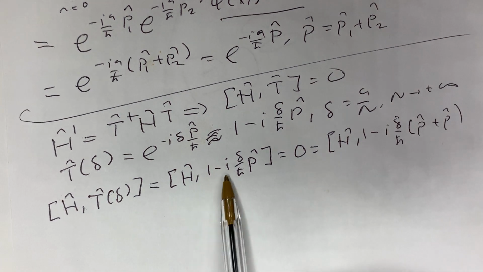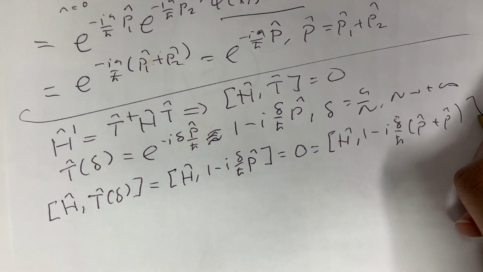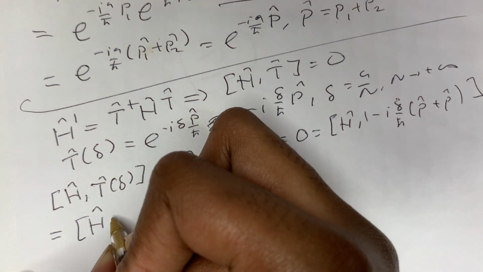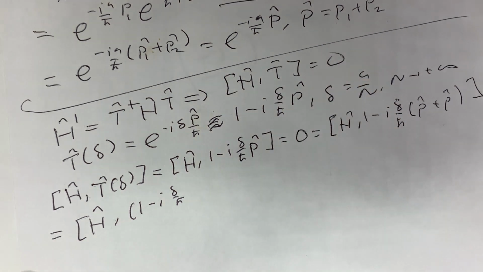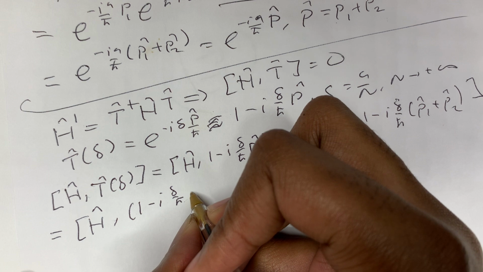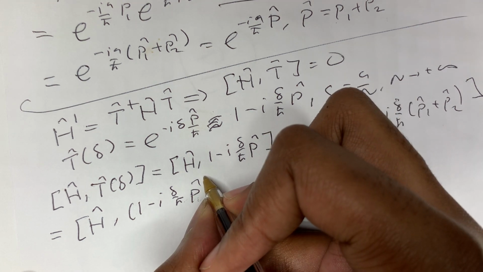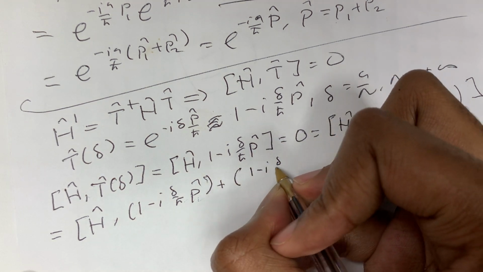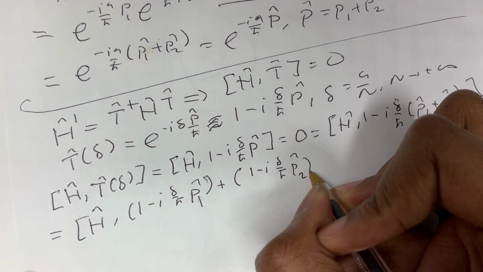That's a genius move there, because we can take this big P hat, separate that into the individual momenta, a sum of those, and then we have a commutator of h hat with 1 minus this of small p hat, should be p1, p2, so of p1, plus the same thing but for p2.